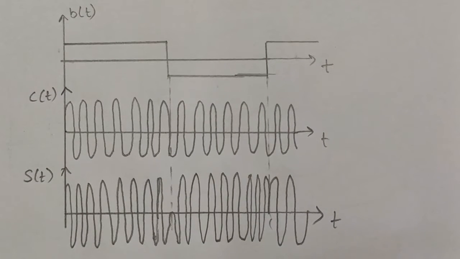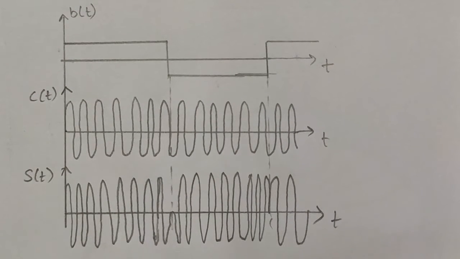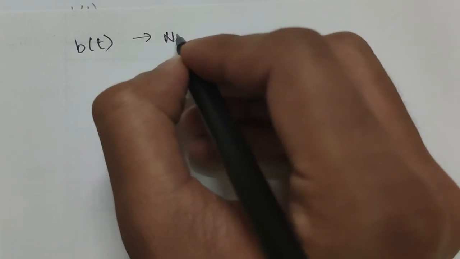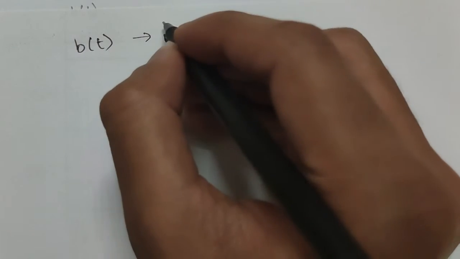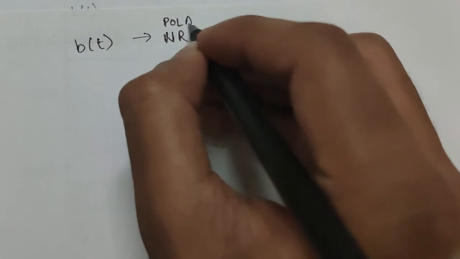Okay, this is my waveform. Before jumping to the waveform, we should know the following things. First thing is that our message signal B of t is represented in NRZ form, but the NRZ form is polar.